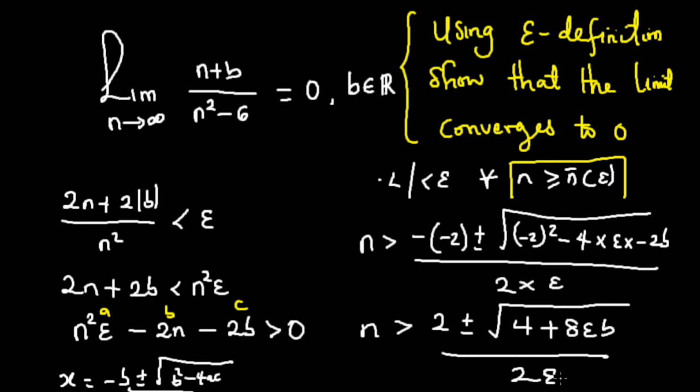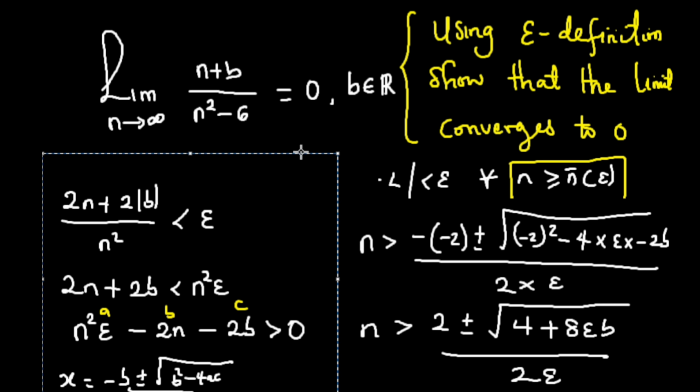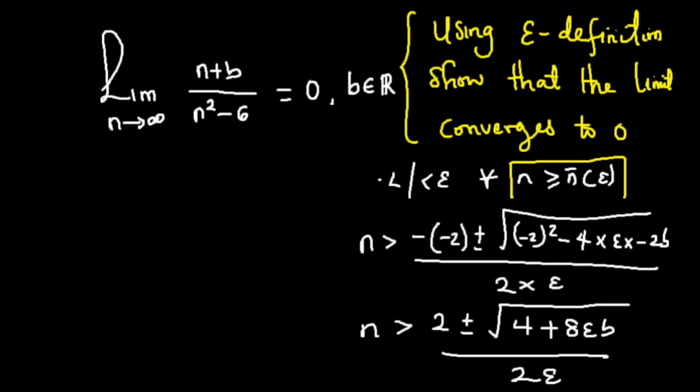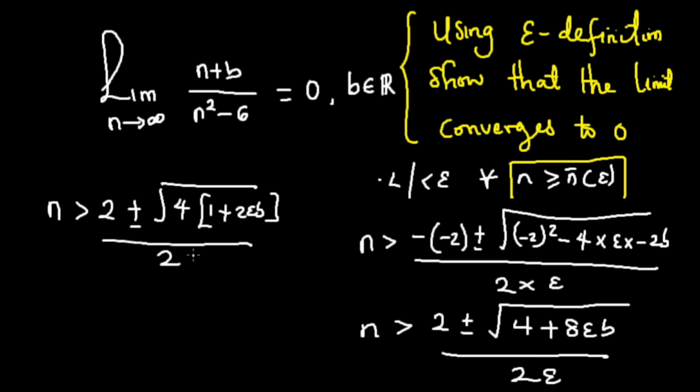Okay, so with that, we can now have n greater than 2 plus or minus, I can actually bring out 4 from here. That would be 1 plus 2 epsilon b over 2 epsilon.